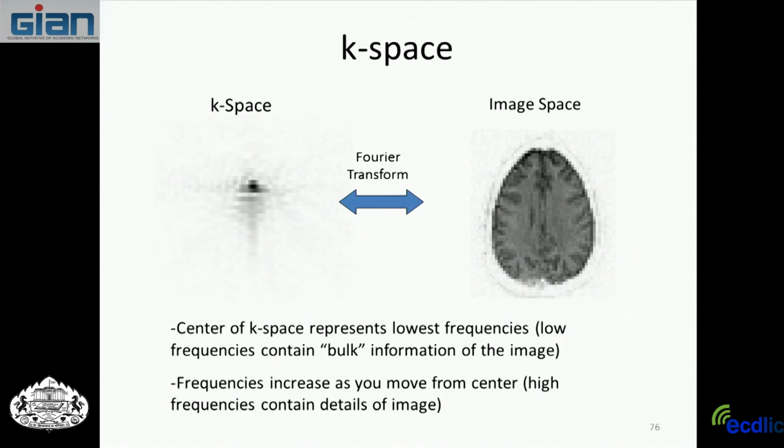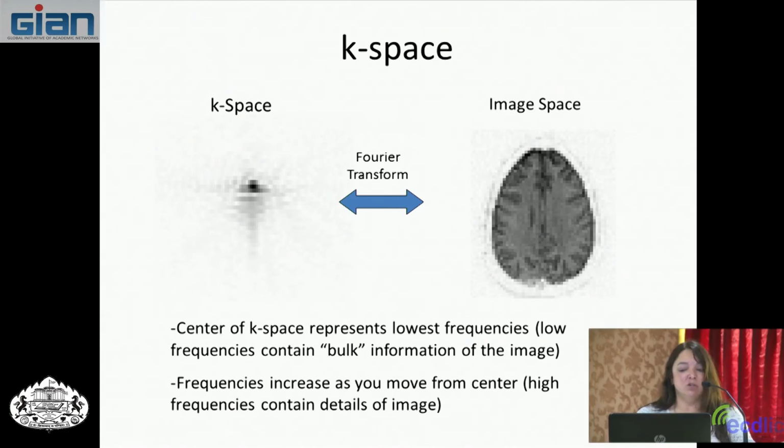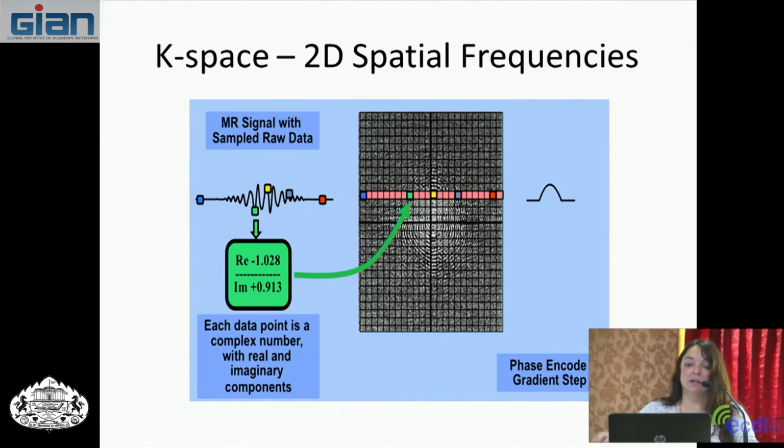The center of K-space represents the lowest frequencies, so this contains the bulk of our image information. And as you increase from the center, you start getting higher frequencies. These higher frequencies contain more of the details of the image. We're going to see this a little bit.